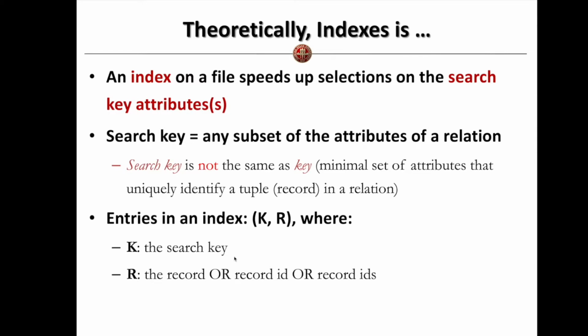In other words, given a search key, we can know which record matches the search key, and we can also access the full record via this R, the record IDs or the records. This is the data structure we can have for the index or index tables. We have entries to be this tuple, key and R, the search key and records.